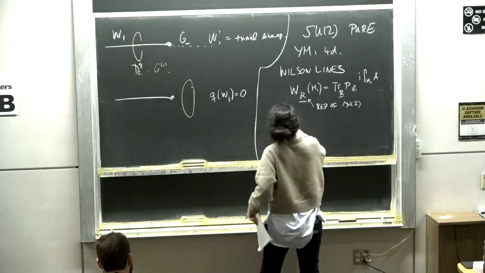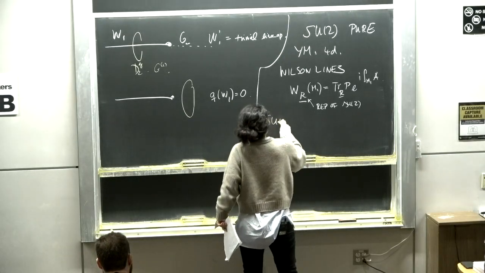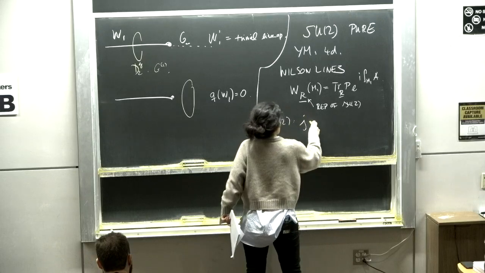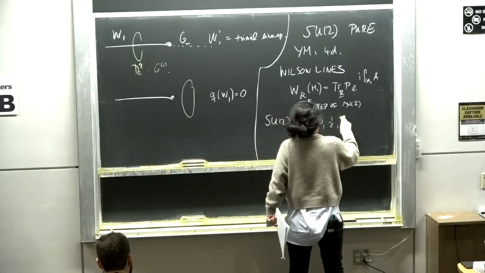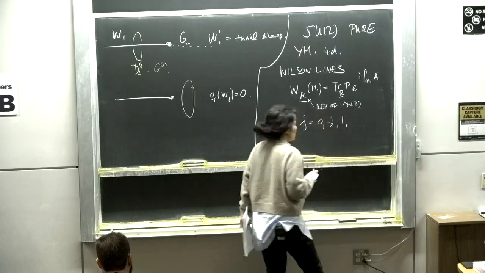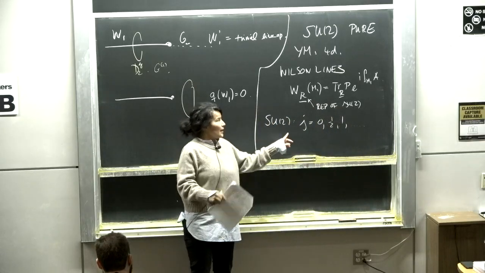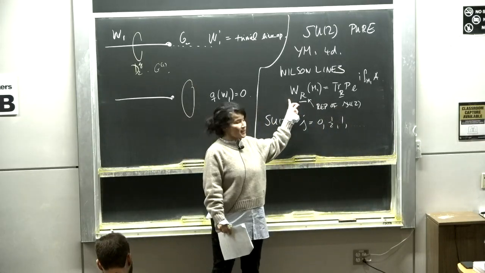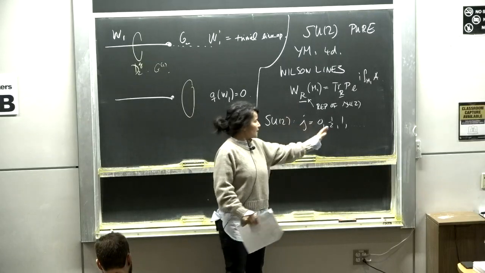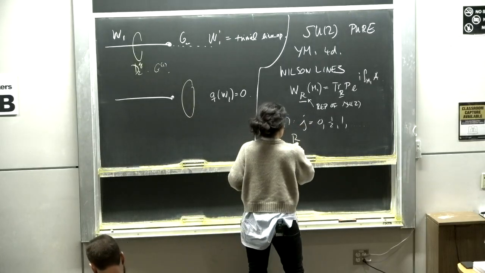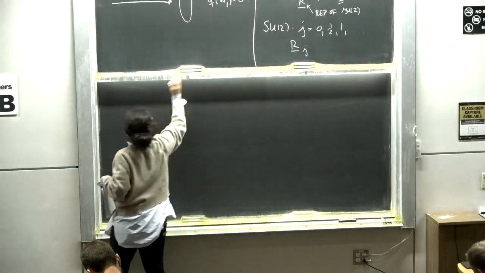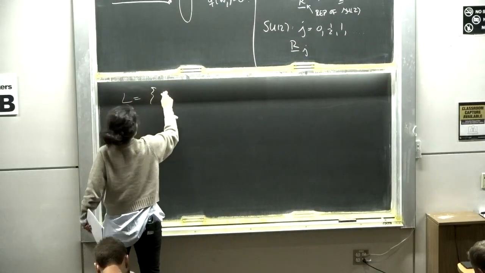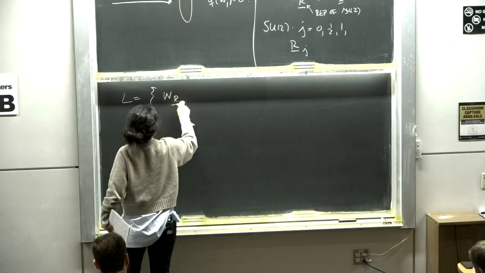Right, so for SU2, we have spins J equals 0, 1/2, 1, and so on, right? And now, when I look at this whole set, with all of these J's, so this R is labeled by J, the set L that we had is all these W R J's.